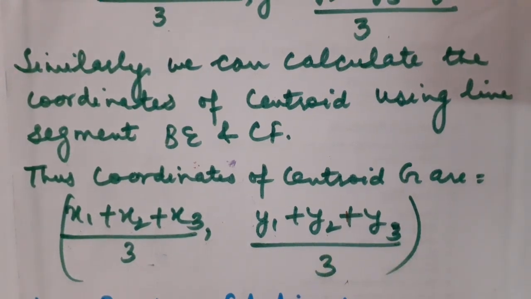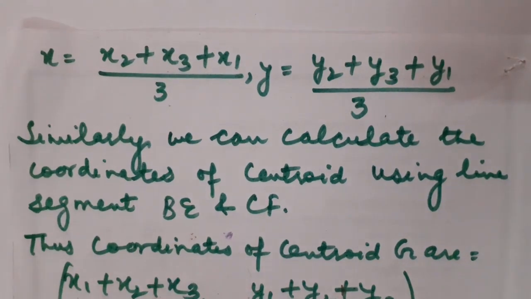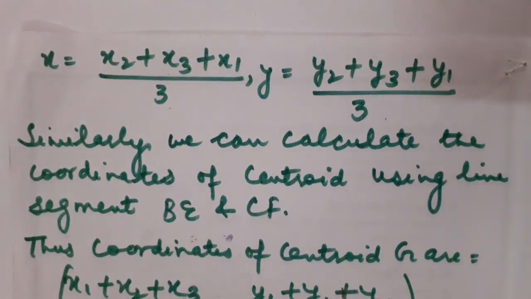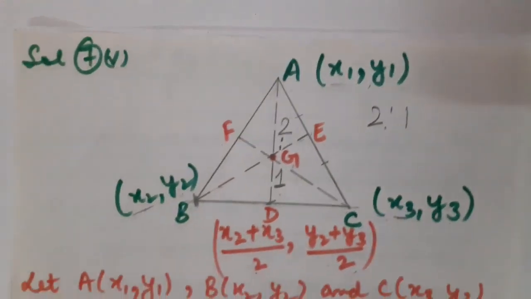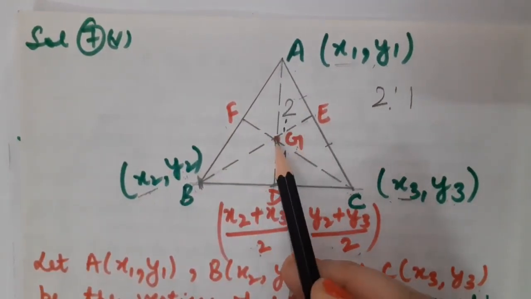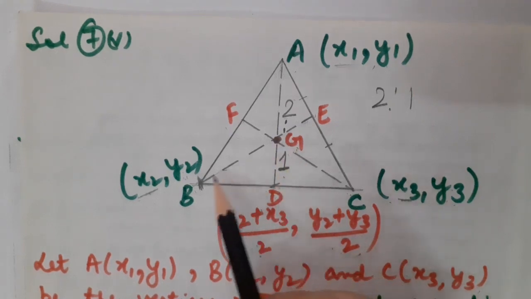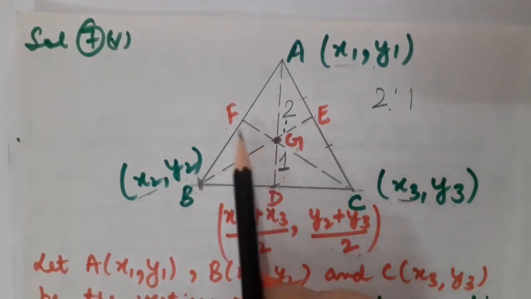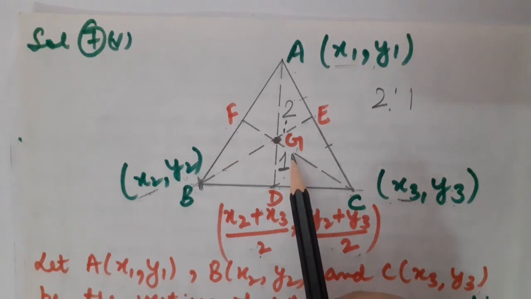Correct, students? Okay. Children, in this diagram I have just taken one line segment, only AD. You know that G is the common point of BE, AD as well as CF. That's why it is known as the centroid.